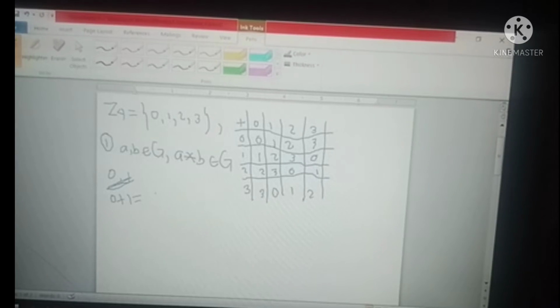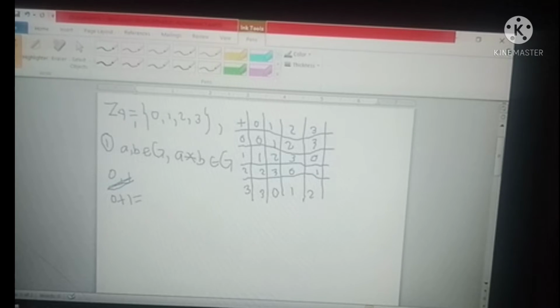According to the definition of closure, we take two elements from the group and perform the operation, and the result should also be in the group. Here is an example: 0 plus 1, two elements from the set of integers modulo 4.